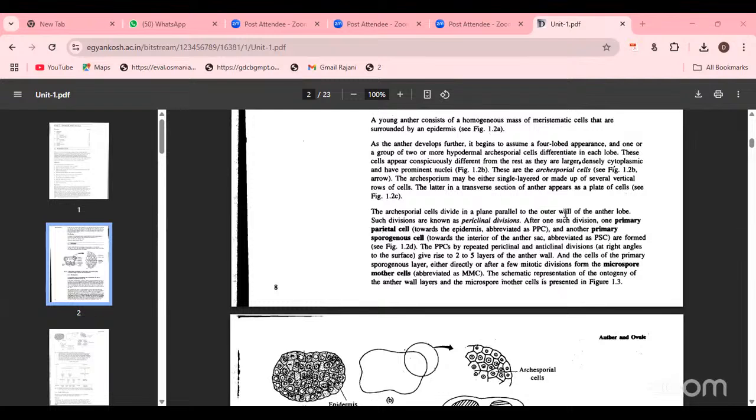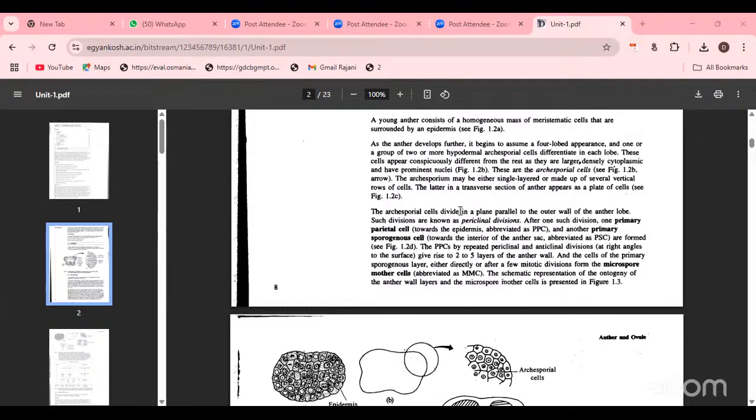After that, you can observe those formed in the PPC by repeated periclinal divisions, the primary sporogenous cells or primary parietal cells.